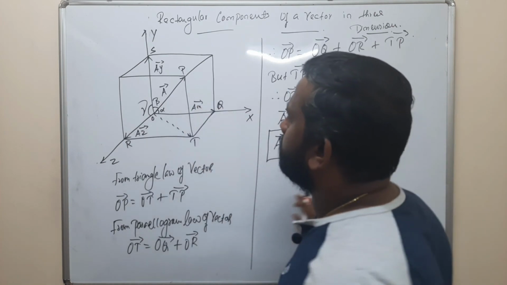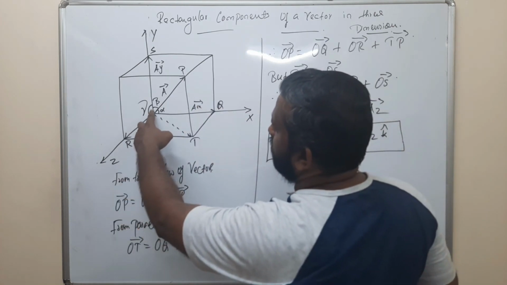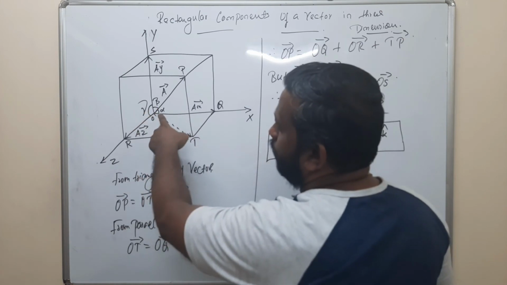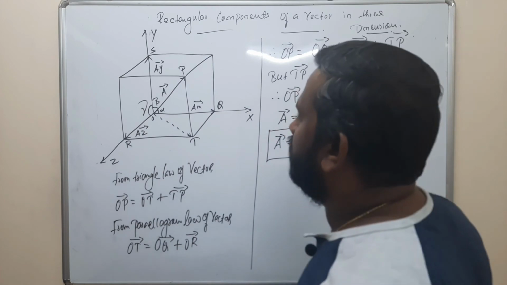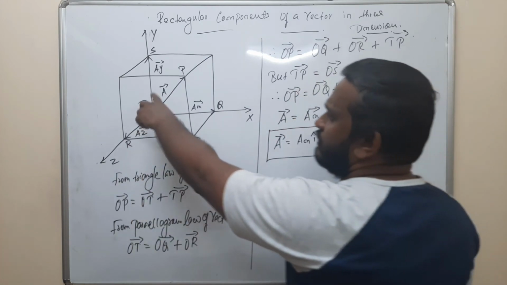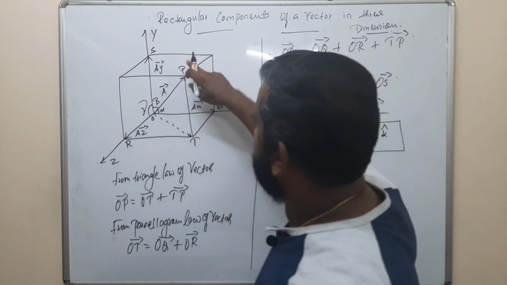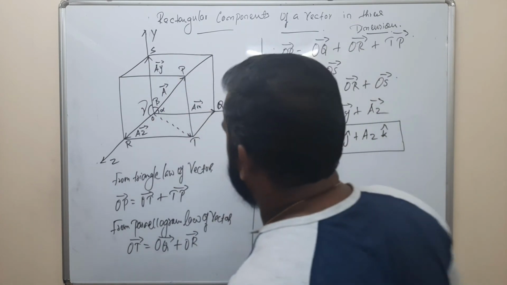So by considering the right angle triangle, the vector makes angles alpha, beta and gamma with the three axes. So these are all right angle triangles. OP makes a right angle triangle.